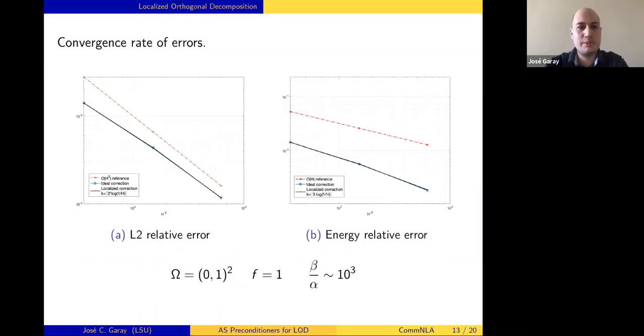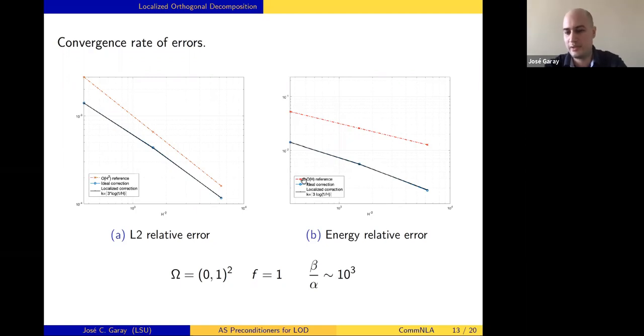In these pictures, we can observe the behavior of the error. These experiments have been carried out in a unit square with a unit function and a diffusion matrix with piecewise constant entries, such that the contrast is 10 to the power of 3. As we can see, the L2 error decays like h squared, and the energy error decays like h.